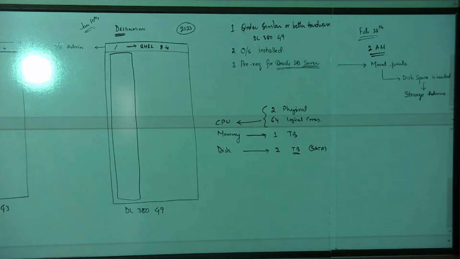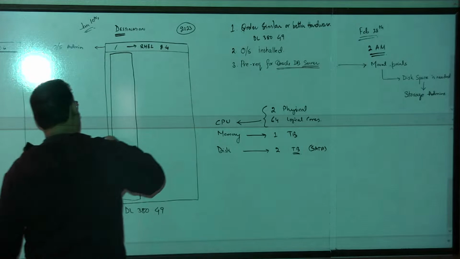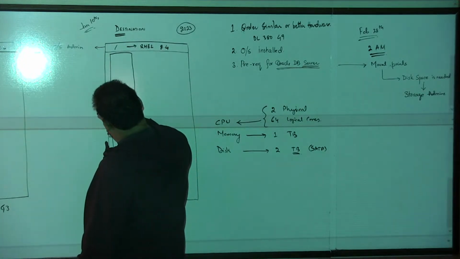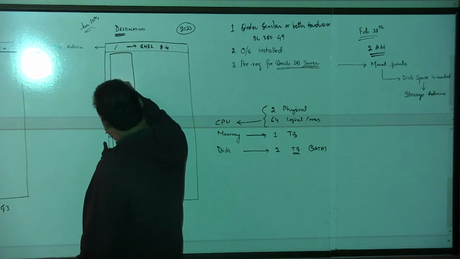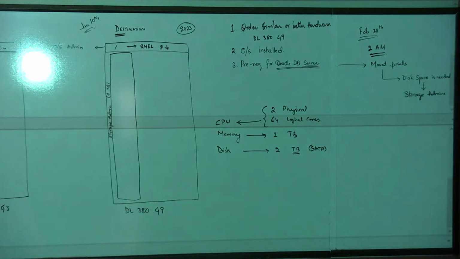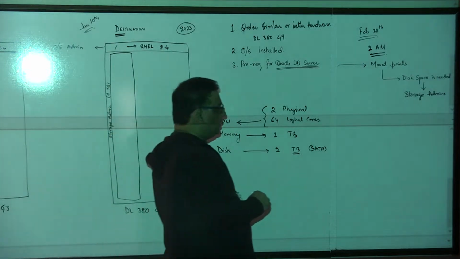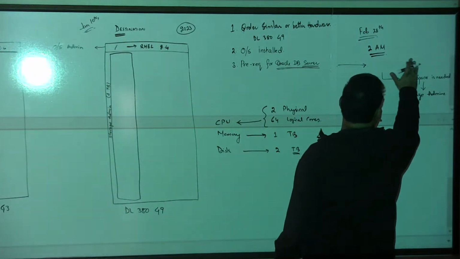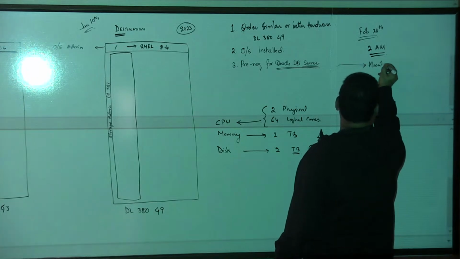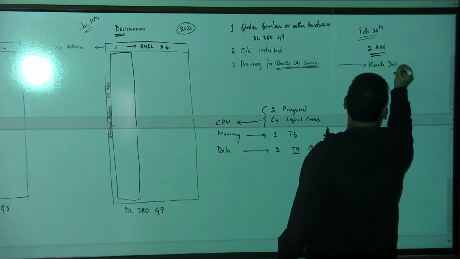Once the disk is assigned, they assigned 1 terabyte of disk space. The disk is there now. Before the mount point, the next prerequisite is allocate disk space.